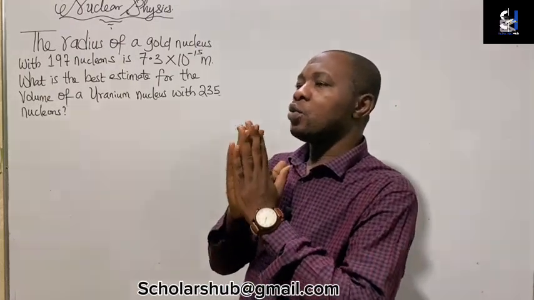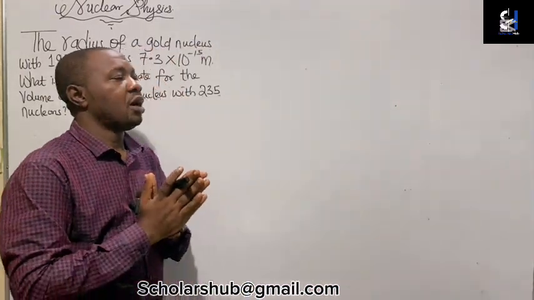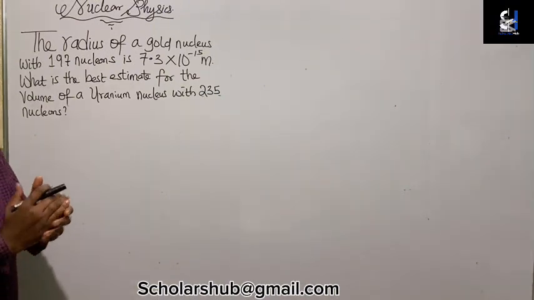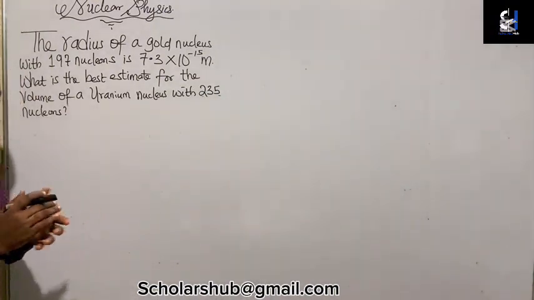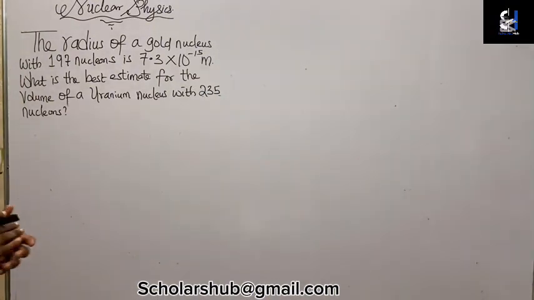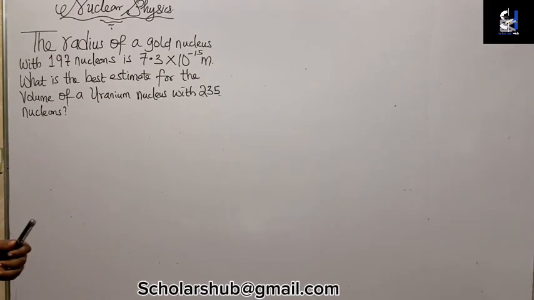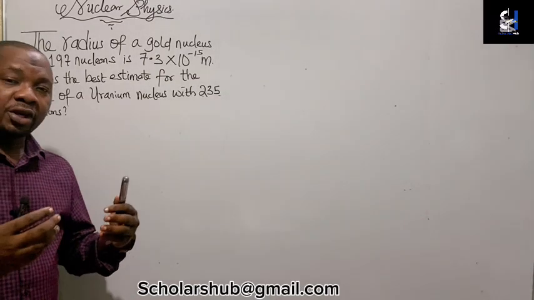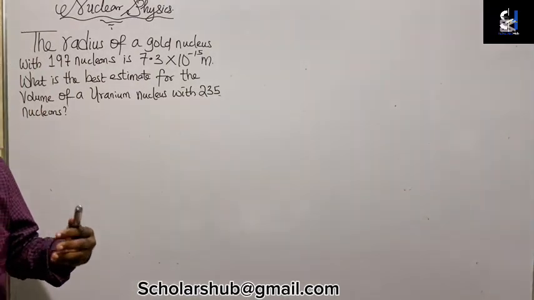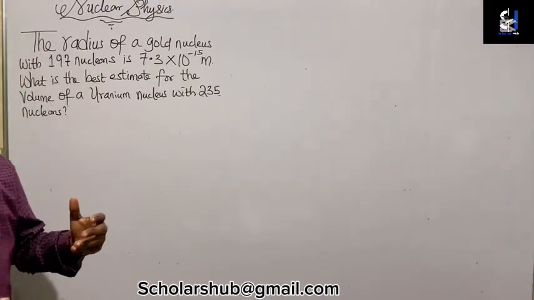For questions like this, just like the way I explained to some of my students, what is important here is to understand that the volume of a nucleus is approximately proportional to the number of nucleons.